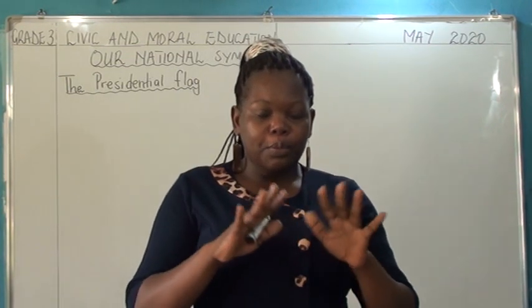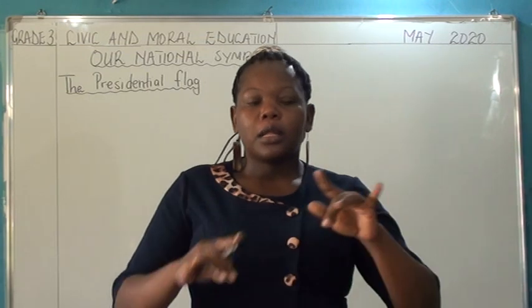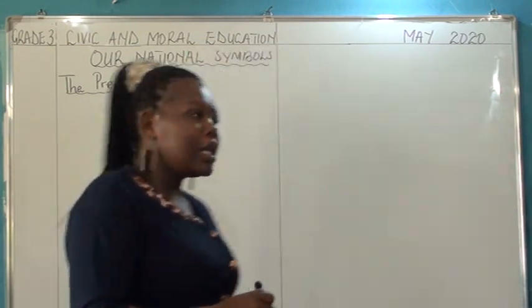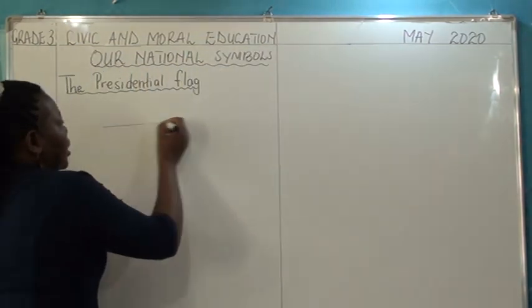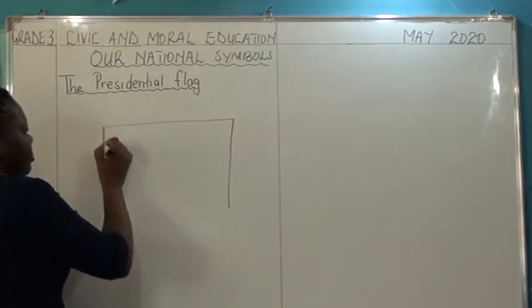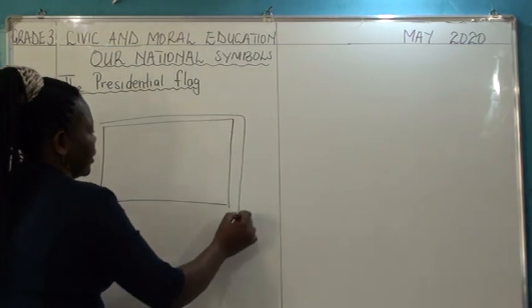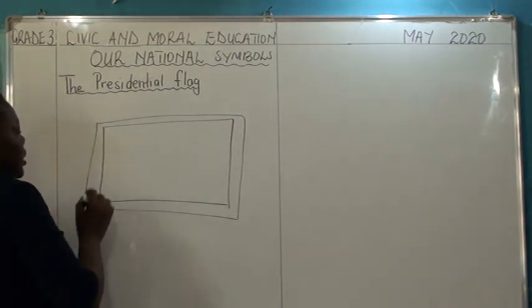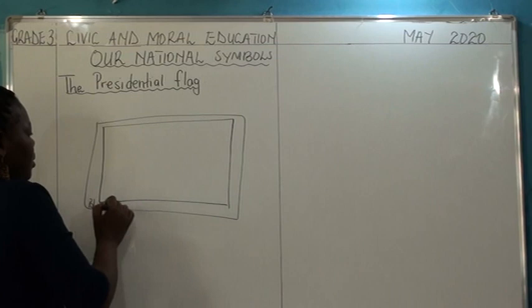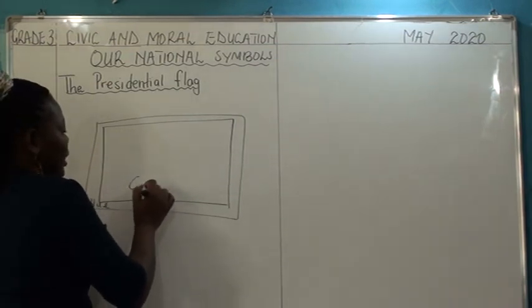So if you see any portrait of that kind, the flag, let me draw a small sample. The outer part of it is on a blue plate. So this is blue, but the whole of this is green.